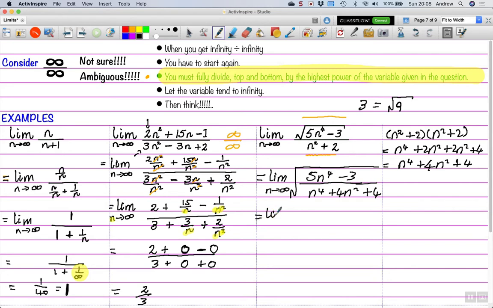And the highest power of n, in this case, is n to the power of 4. So let's just do that here. So we've got 5n to the 4 divided by n to the 4 minus 3 divided by n to the 4.